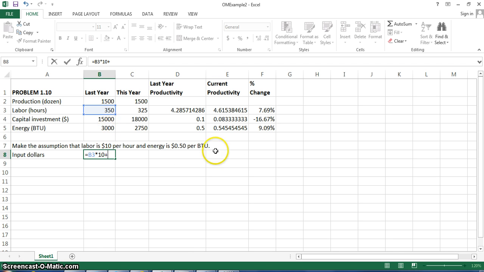Capital investment is already stated in dollars, so we'll simply add in the amount of the capital investment. And then for energy, we're making the assumption that energy is 50 cents per BTU. So we'll multiply the BTUs used times 50 cents. Of course, if the costs change year to year, we would factor that in as well. Here we're going to make the assumption that the unit costs per hour and per BTU are the same for each year.